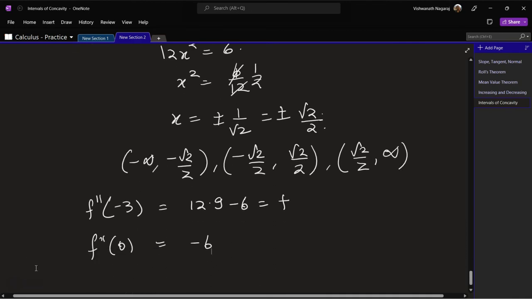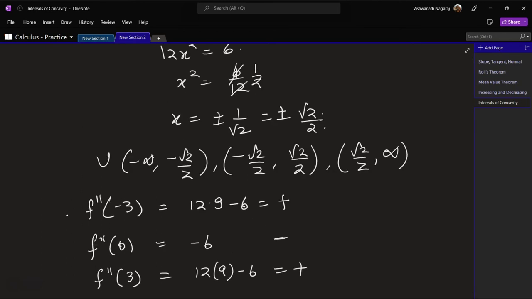Right, which is negative. And let's say f double prime of 3, which gives us again 12 times 9 minus 6, which is a positive number. So that means concave up, concave down, concave up.